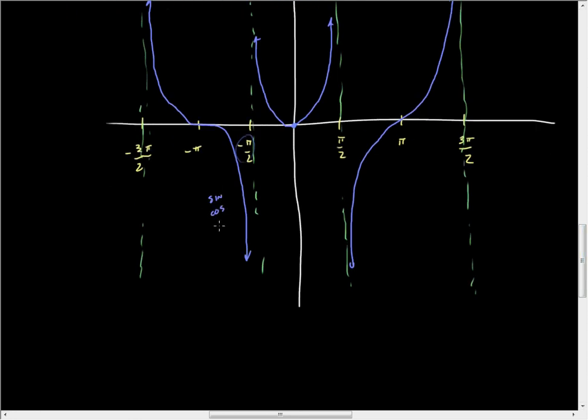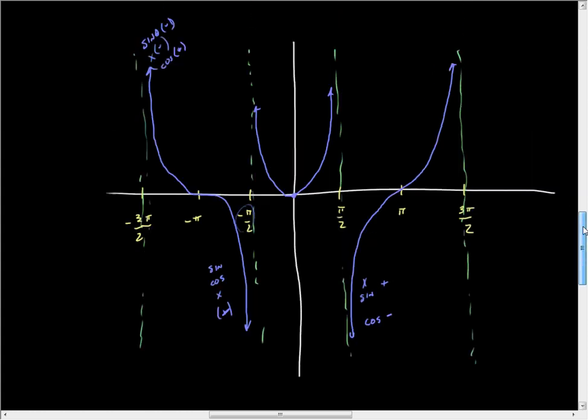So 1, 2, 3, 3 negatives make a negative. Here we've got x and sine positive, cosine negative. And here we've got all 3 positive. And that's how we determine that behavior.